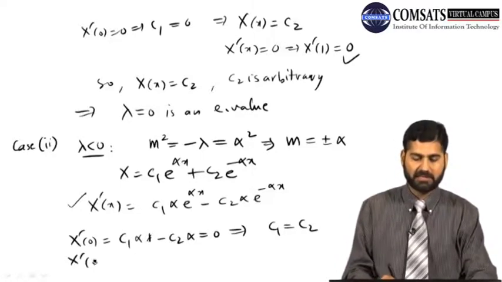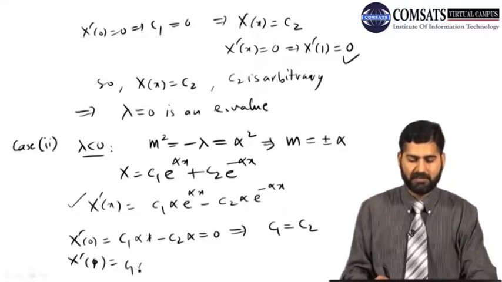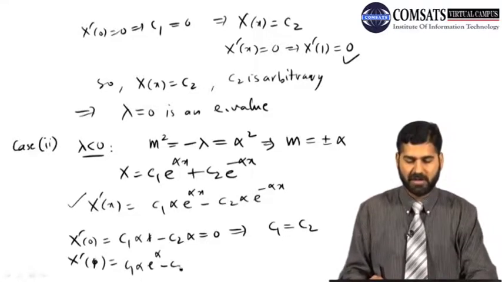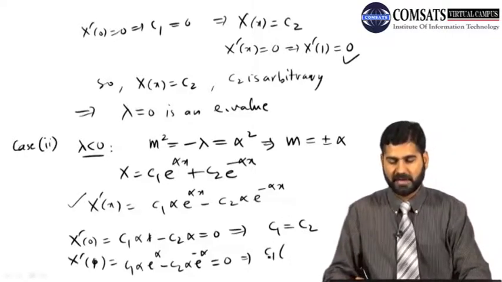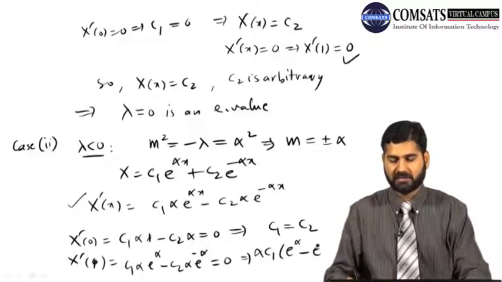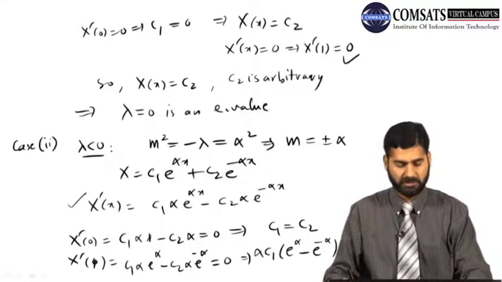X prime at 1 is equal to c1 alpha e to the alpha minus c2 alpha e to the minus alpha is equal to 0. This implies that c1 and c2 are equal. So I can take c1 as common and alpha is also common. So e to the alpha minus e to the minus alpha is equal to 0.